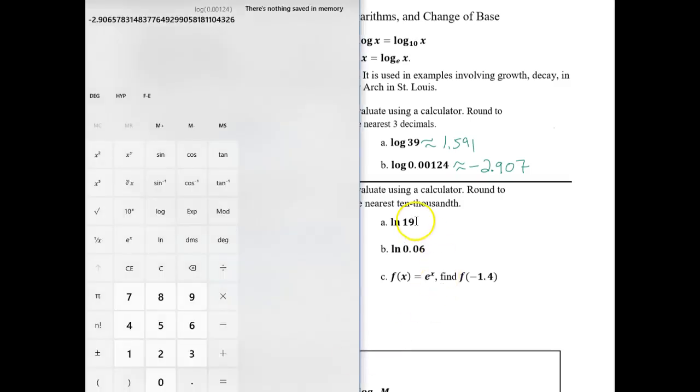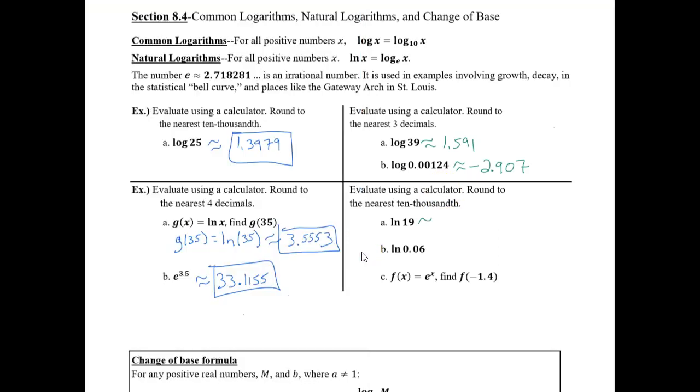Now we're down here, and we are rounding these to the nearest 10,000th place. These are ln's to start, so I take 19, take the natural log of 19, I'm going to take it out to the 10,000th place. Tenths, hundredths, thousandths, 10,000ths. Look to the right, that's a 3. I leave the 4 alone. 2.9444, approximately.